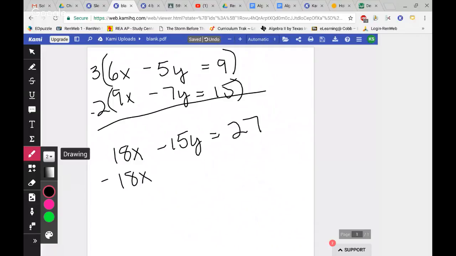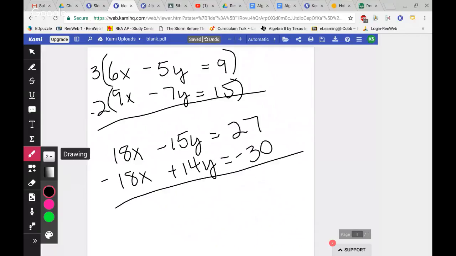Negative 18x. Negative 2 times negative 7y is a positive 14y. Good job. And a negative 2 times 15 is negative 30.